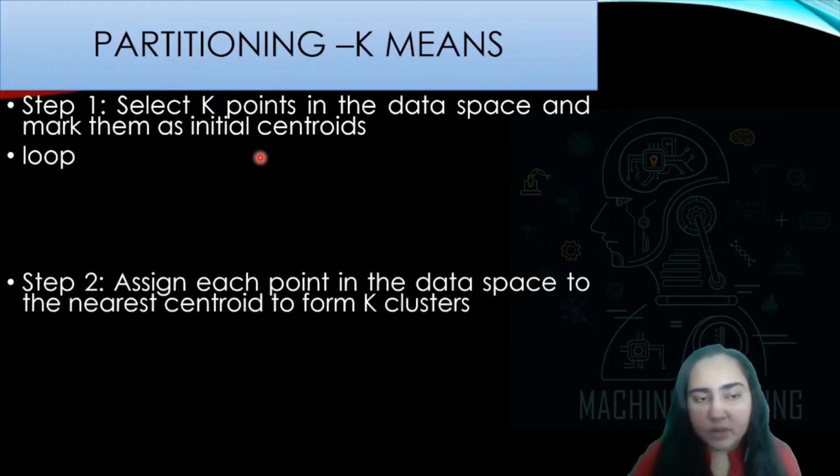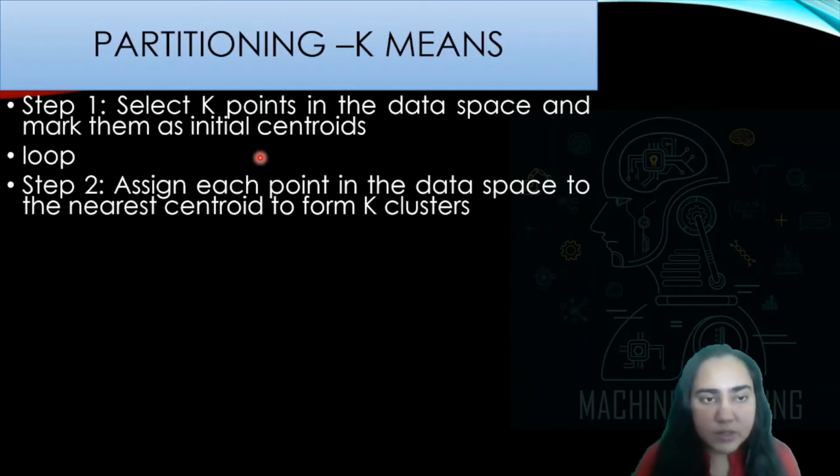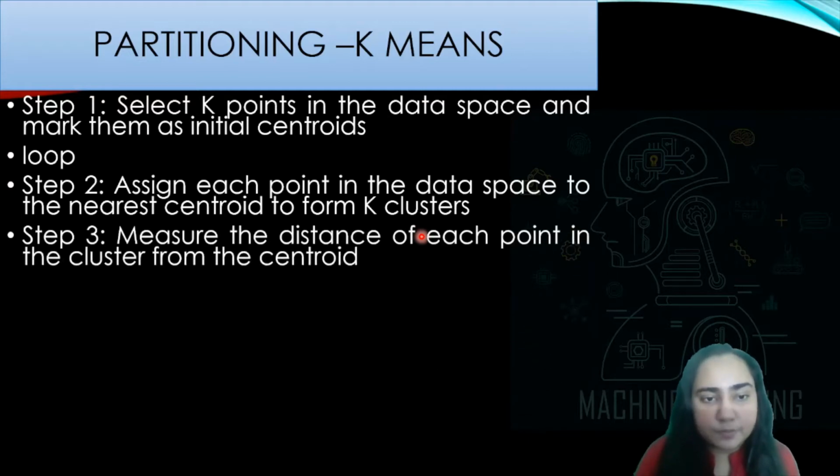Once you've done that, you're going to repeat these steps in a loop. The first step of the loop is to assign each point in the data space to the nearest centroid to form K clusters. Now that you have K centroids, you see which centroid is the closest for all the other points, and in that way, you assign one cluster to each data point available.